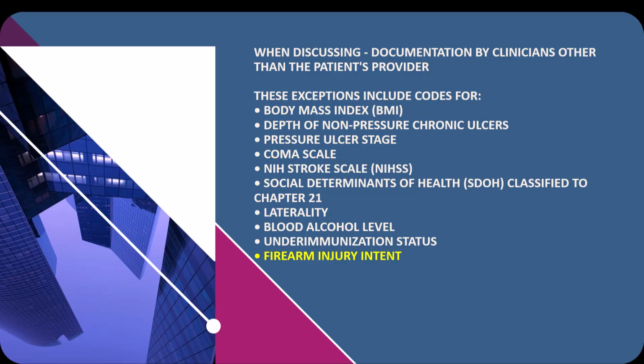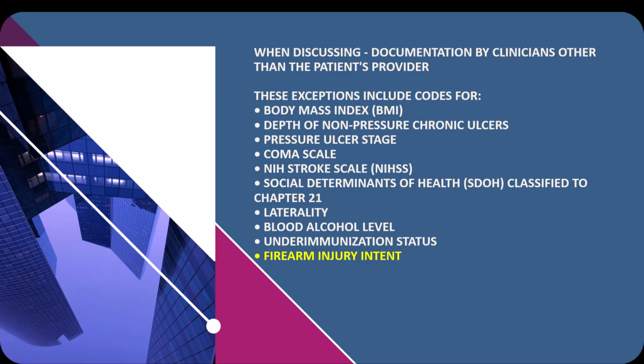That is new this year. So they added that as another thing that can be documented other than the patient's provider. My guess would be a firearm injury intent would probably be documented by somebody in behavioral. If somebody is seeing a counselor and they're saying that their intent to use a firearm.